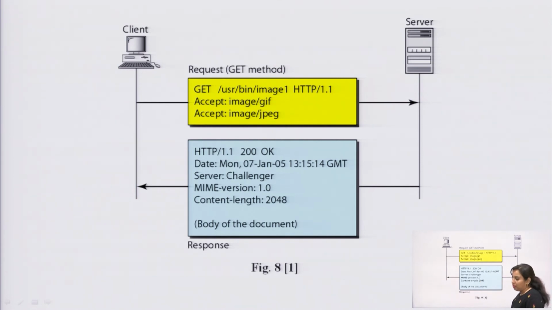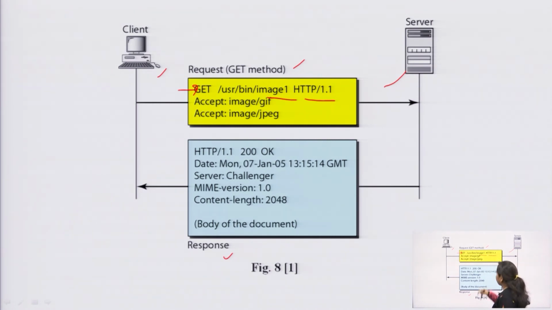So, this is the diagram related to the previous example. You can see that there is a client, there is a server, this is a request GET method and this is a response. In this case, this is a GET message, which means I want to access an image which has this path, that is user/bin/image1, and the HTTP version is 1.1.